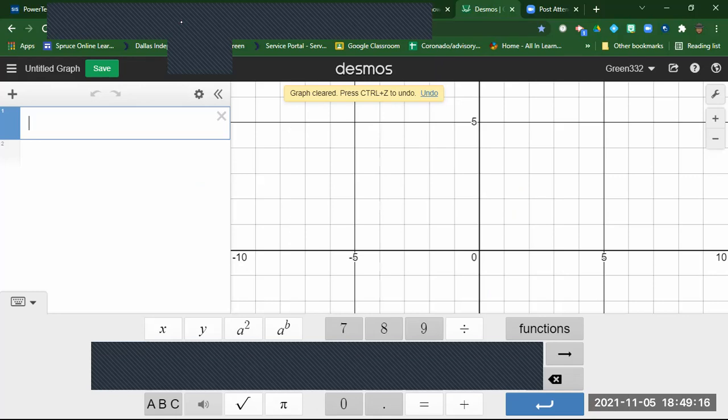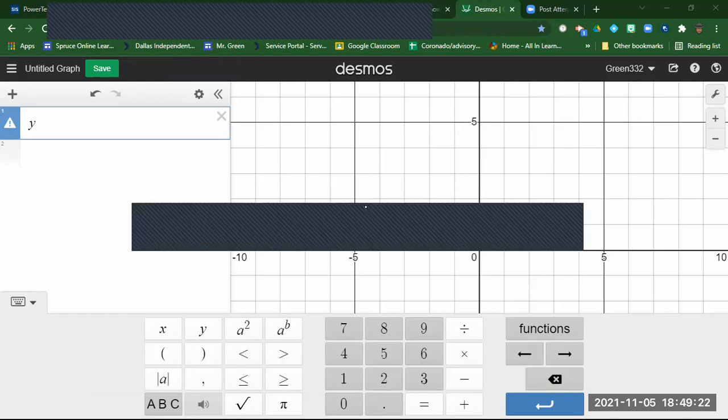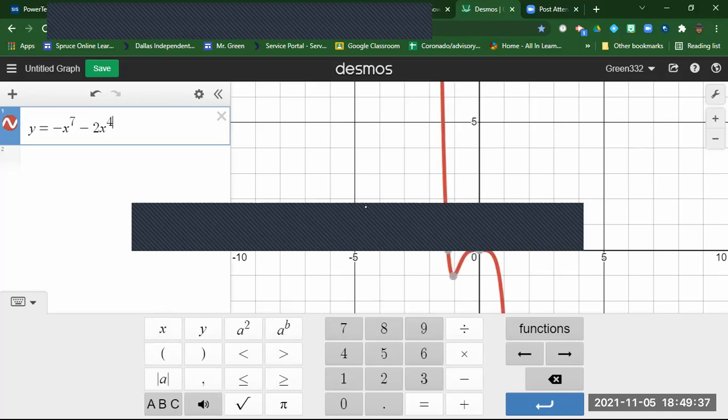Let's go y equals, it's okay to use y, it's the same as f of x. y equals negative x to the power of 7 minus 2x to the 4th. I want to pause it.